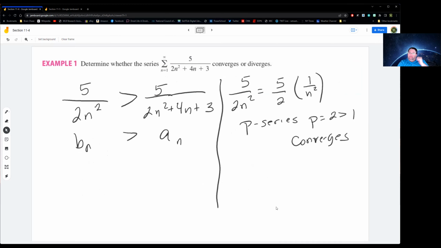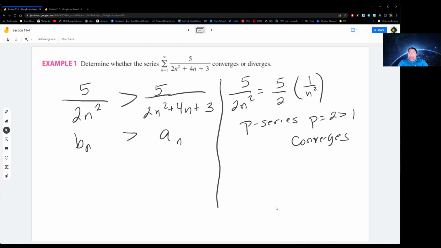And as long as the exponent is greater than 1, it's going to converge.